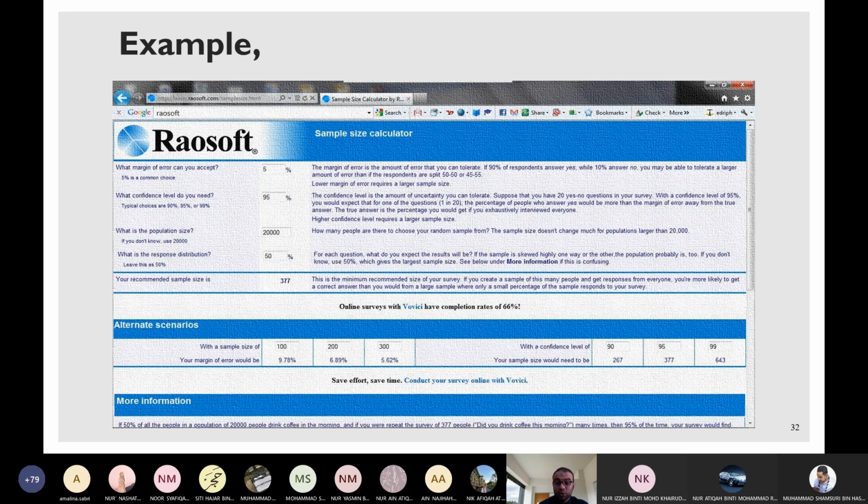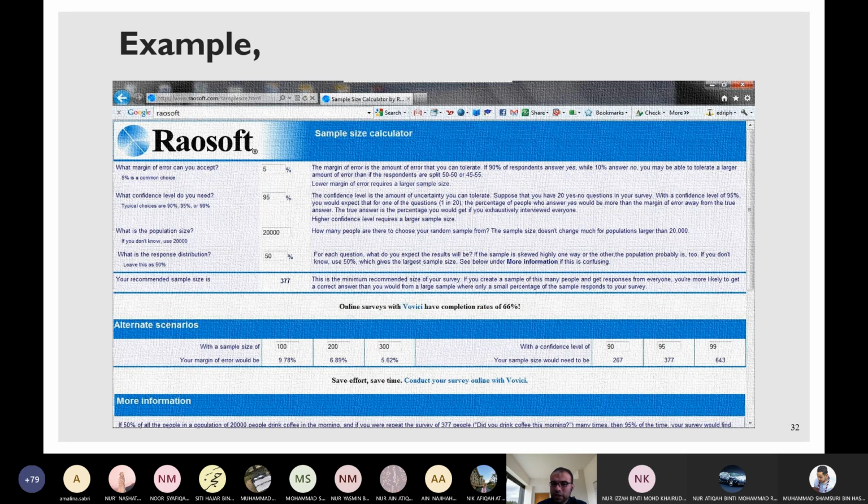If you are very confident and you want to accept less error, you can go for even 99% and make the margin of error 1%, up to you. What is the population size? The population size means the general frame, and if you don't have the precise or accurate number, you can also estimate.